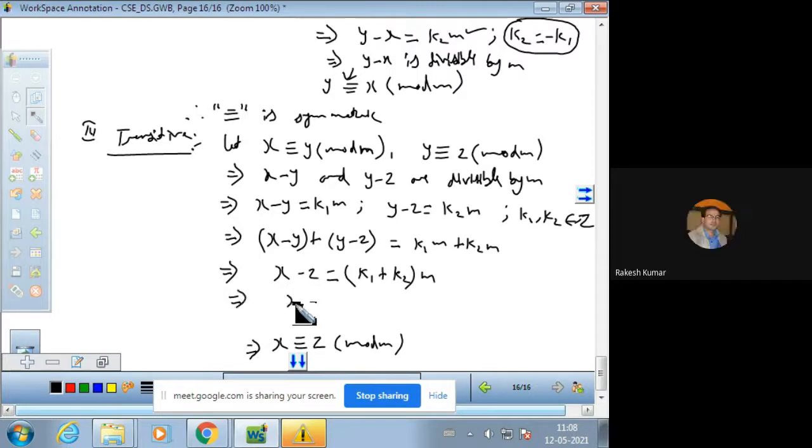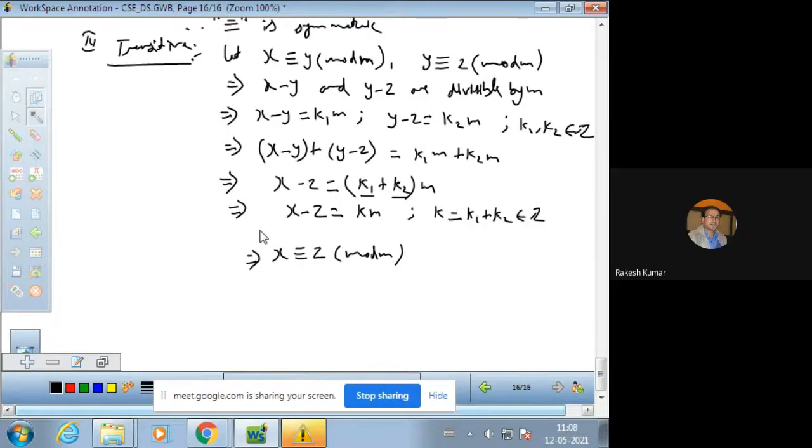So it can be written as x minus z equals k1 plus k2, where two integers are there. The sum of two integers is a new integer k. And what is the k here? k is equal to k1 plus k2 belonging to the set of integers.